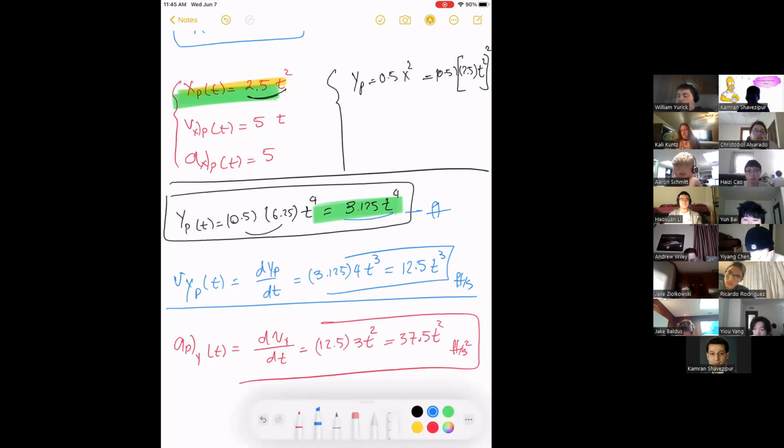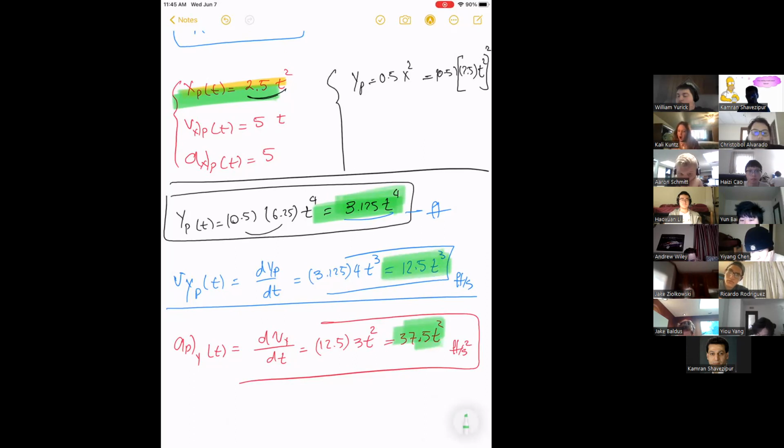So I got position, velocity, and acceleration in Y direction.